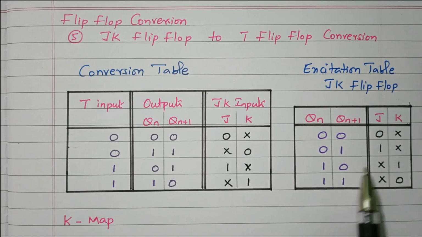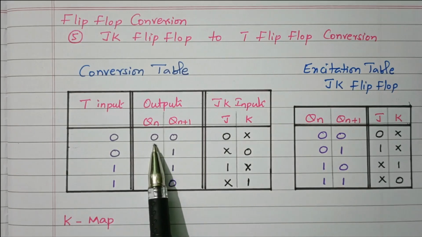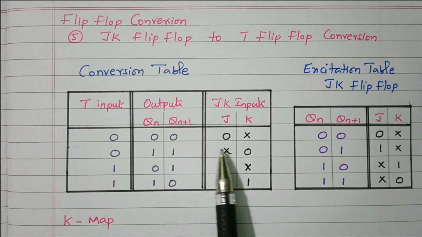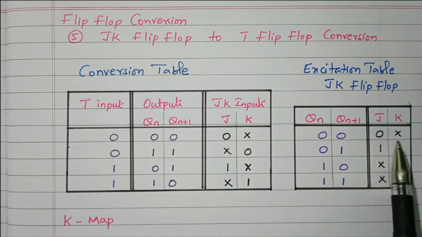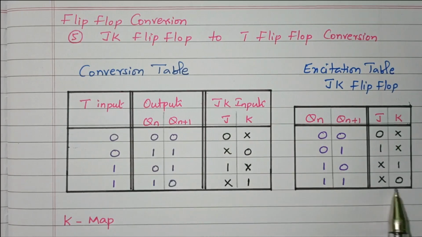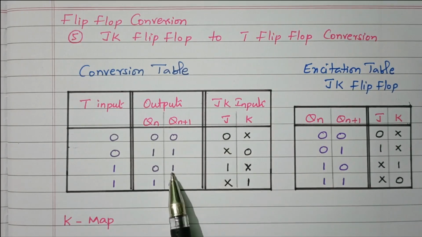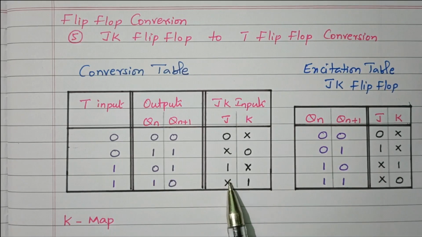By using this we can fill in the JK inputs. This is the truth table of the T flip-flop. Here we need 0 to 0: present state 0, next state also 0, so the JK input from the excitation table is 0x. 1 1 means x0. 0 1 means 1x. 1 0 means x1.